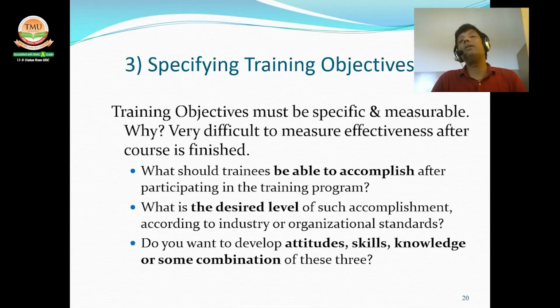Do you want to develop attitudes, skills, knowledge, or some combination of these three? It depends upon the company and its needs how it designs its objectives, because objectives are designed as per the need. First of all, we assess or identify the needs, then we design our objectives. But if you plan to design your objectives first and then assess your needs, no, that should not be done.